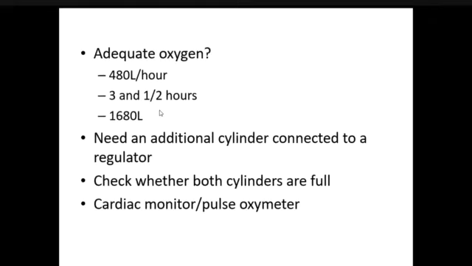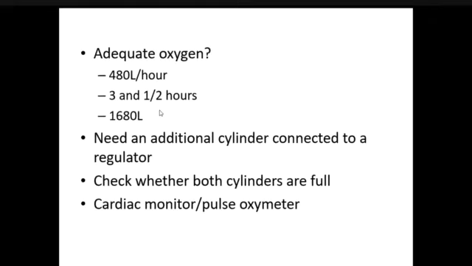So 480 liters per hour should go. 3.5 hours, you need 1680 liters, right? So one cylinder may not be adequate, so you have to take another cylinder as well, right? And when you are taking an oxygen cylinder, as you know, there's a regulator connected to the cylinder, right?